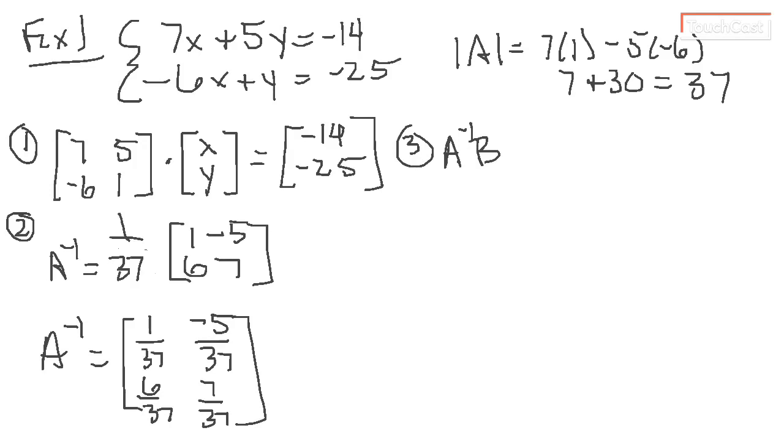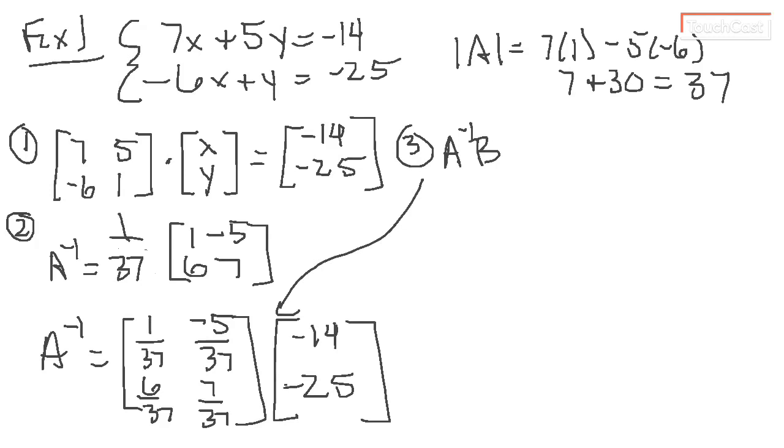All I'm going to do is write my negative 14 and my negative 25 right next to it, so I can just keep my work going. So now I'm going times B. This step is happening here now.